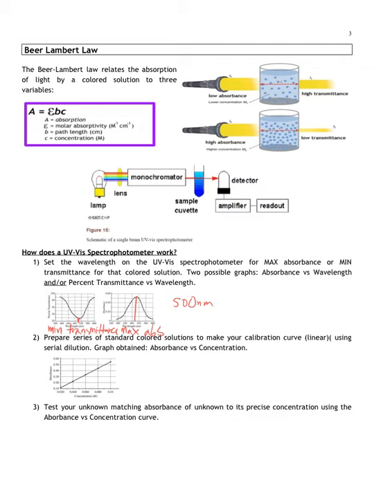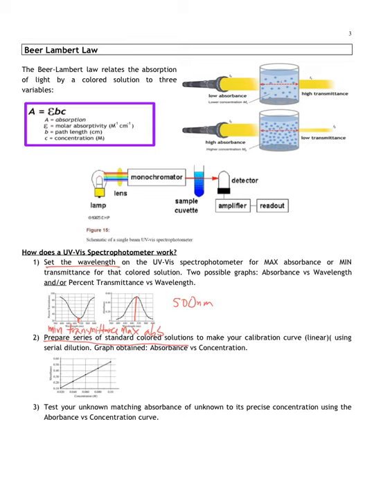Okay, so the second step, after you figured out the wavelength for the maximum absorbance or minimum transmittance, is you make your solutions. You prepare a series of colored solutions, and this works only for colored solutions because colored solutions absorb different wavelengths of light.